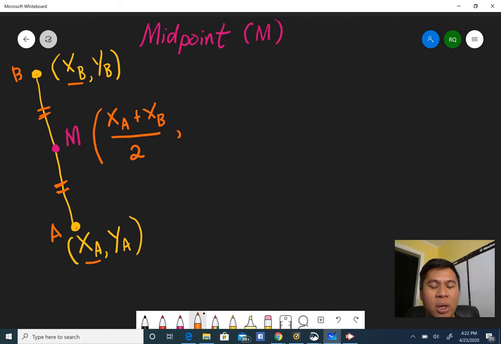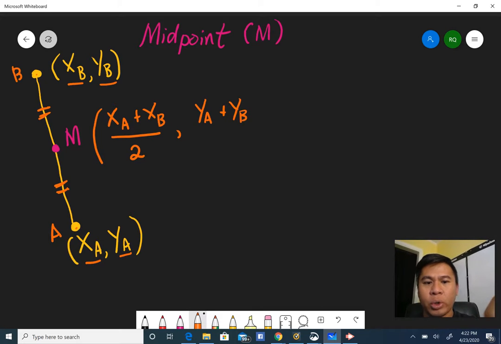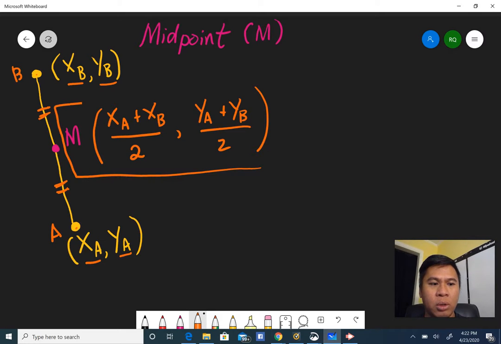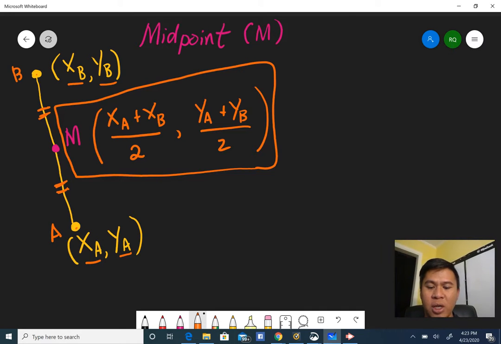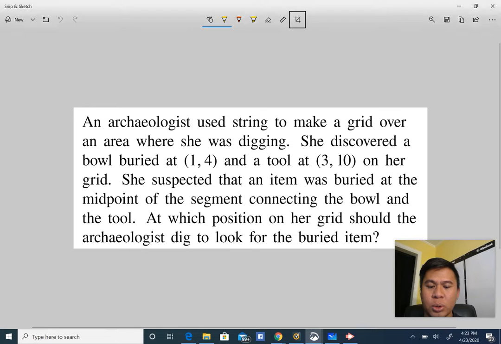The same holds true for the Y coordinates. We're going to get the average of the Y coordinates for both A and B. So again, this is our formula for the midpoint of any given two endpoints of a line segment. Let us apply this now to a few problems.